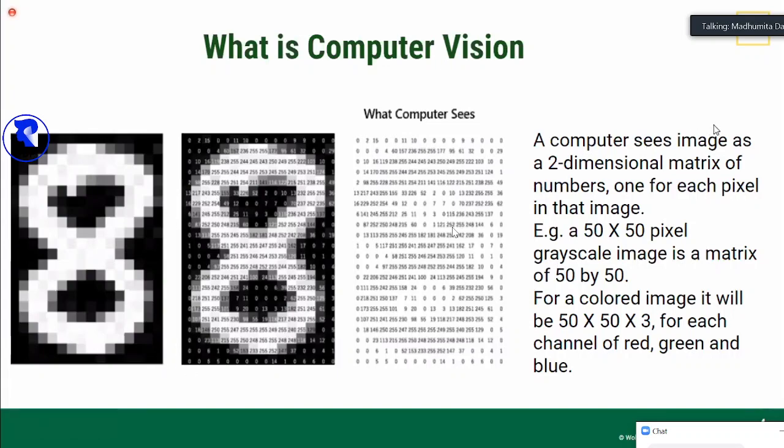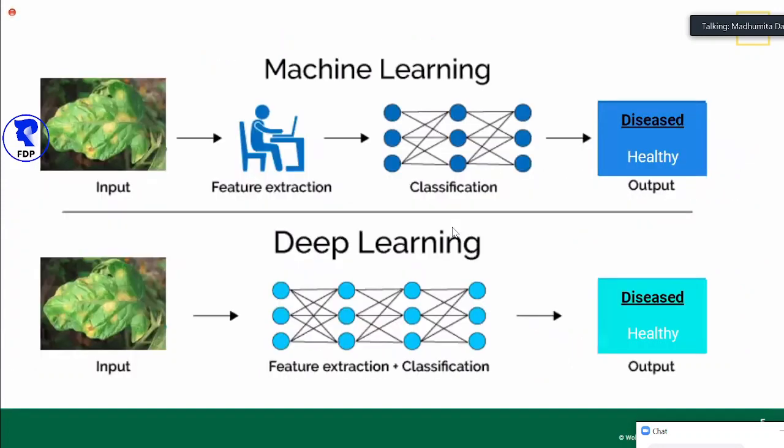Now, as I mentioned, for computer vision we use deep learning. The reason is that for machine learning, one major limitation is that the feature extraction has to be done manually. I pass on an image, and some data scientist will sit and extract all the important features that are required. Suppose this is a diseased tomato leaf. As I mentioned, if you have a 50 by 50 image, then you have 2,500 features.